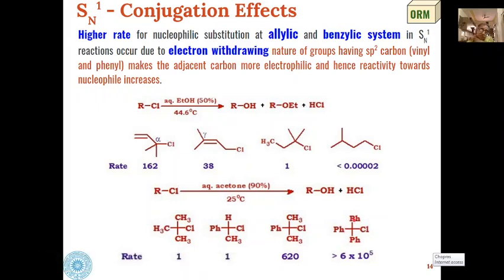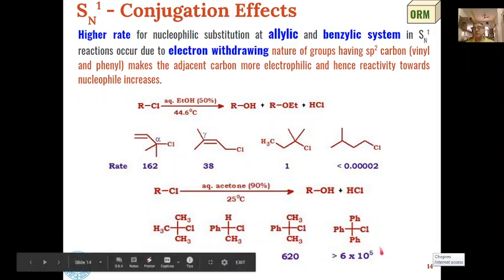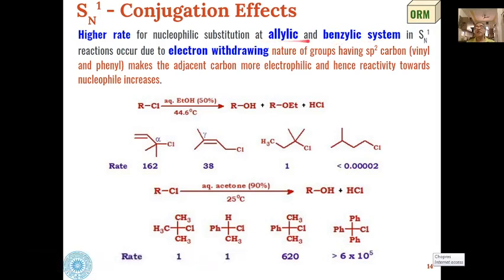Because of the combined resonance effect of 3 phenyl groups, we can see the rate of reaction is about 6 lakhs, which is much faster than this substrate. So this is the effect of benzylic systems and allylic systems on the rate of reaction in unimolecular nucleophilic substitution reactions.